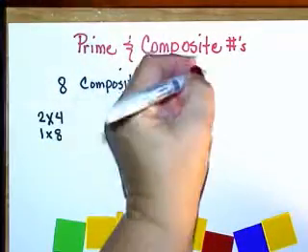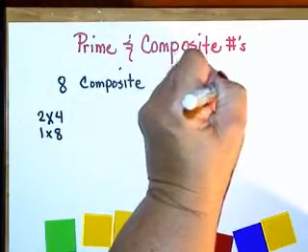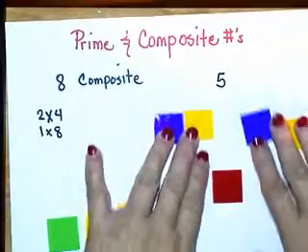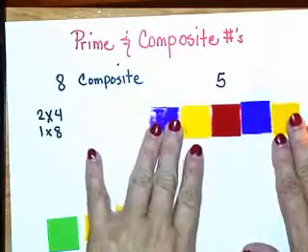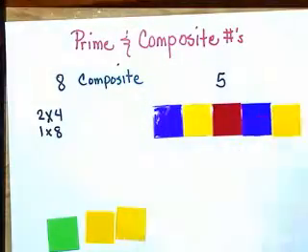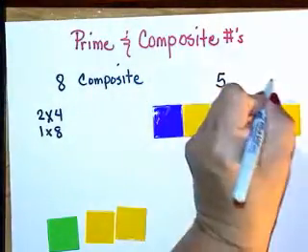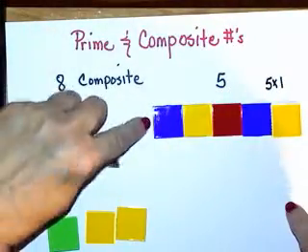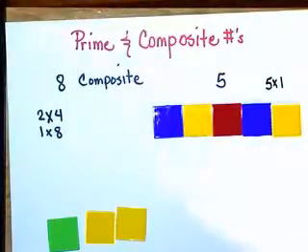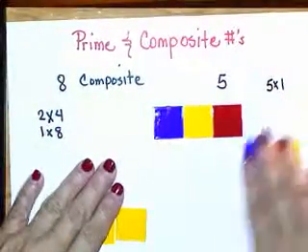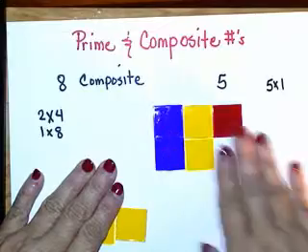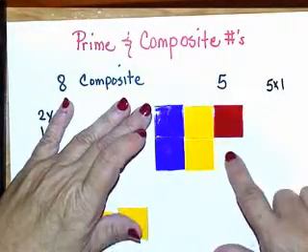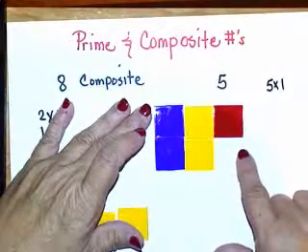Alright, let's look at the number 5. If I take the number 5 and put 5 tiles out here, I can obviously make a rectangle that's 5 by 1 or 1 by 5. 1 this way, 5 across here. Now if I try to make a rectangle that's in 2 rows like I did with the other, I don't have a rectangle because I've got this piece in the corner that's sliced out.